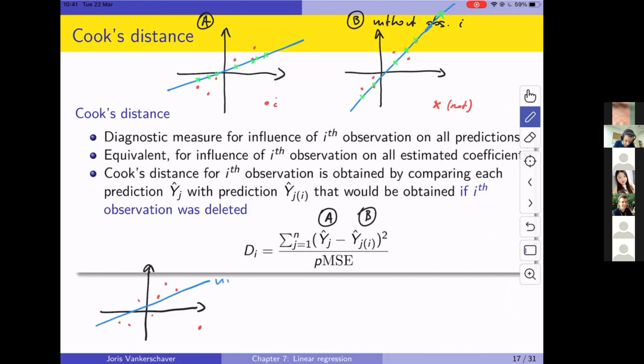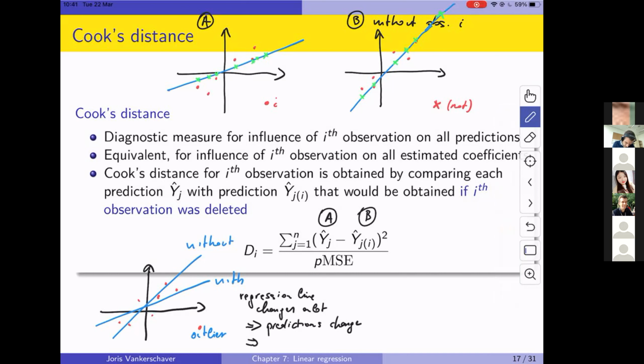So this is with, and this is without, and this is our outlier. So here we see that the regression line changes a lot. Hence, predictions change also a lot, and therefore Di is going to be big.